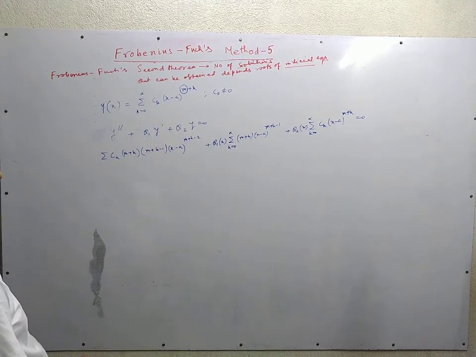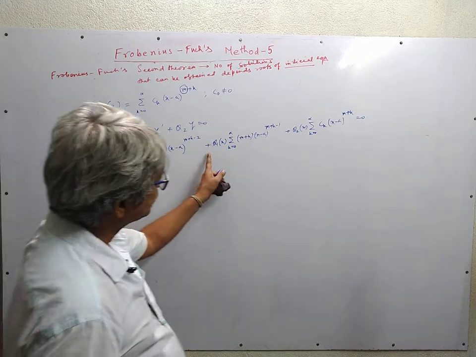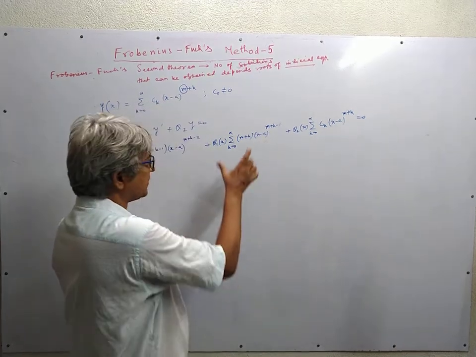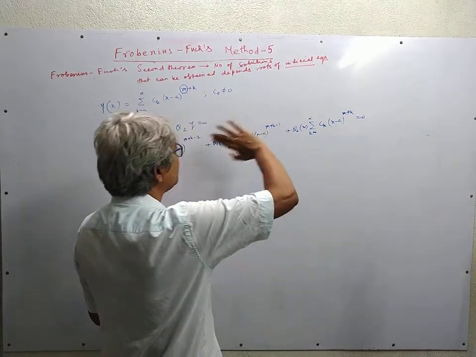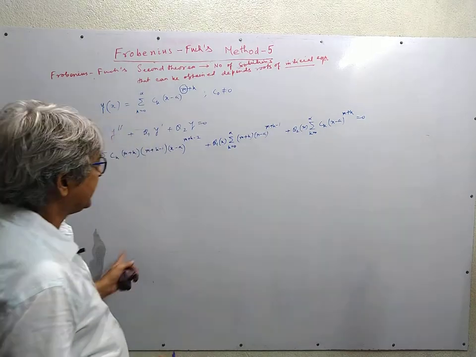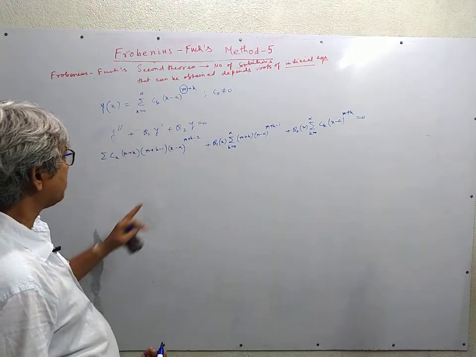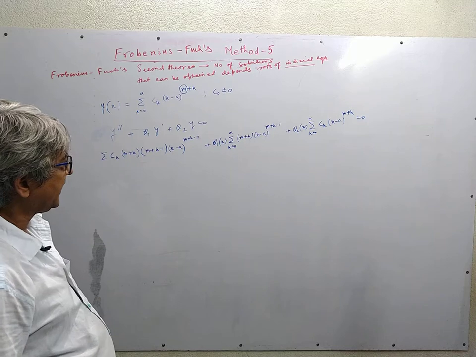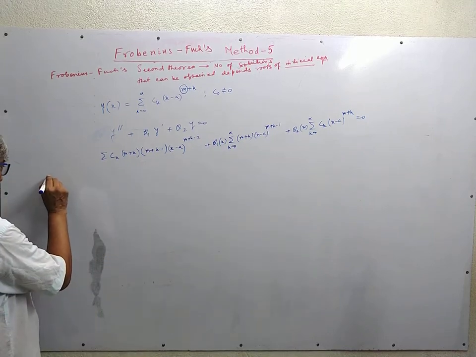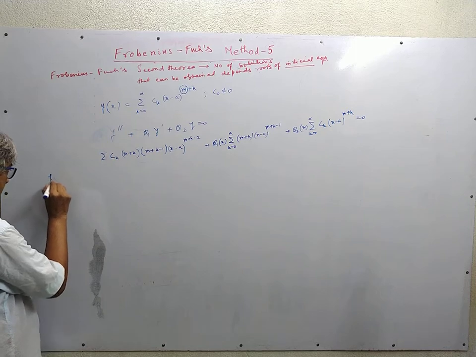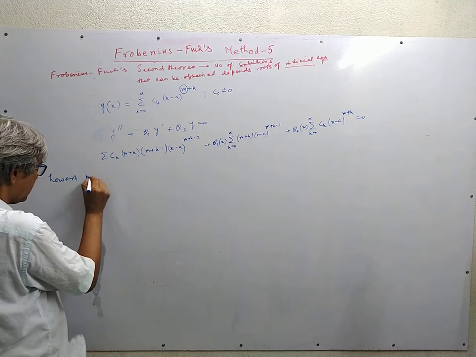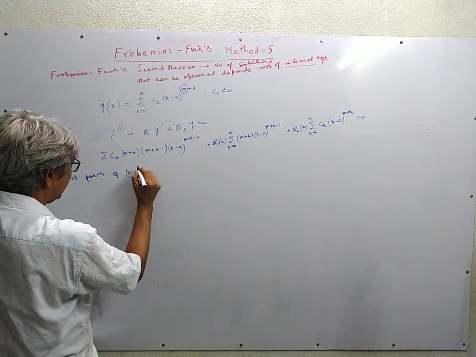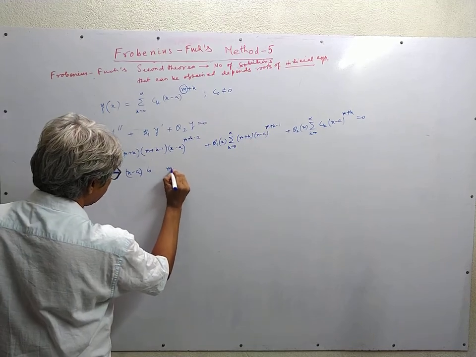If q1 and q2 may also be expressed in this way, as we have shown in the other class, there will be another sum, a beta sum, and there will be a gamma sum. Finally, if we correlate the lowest power, meaning if we put k equals 0, the lowest power of (x minus a) is m minus 2.